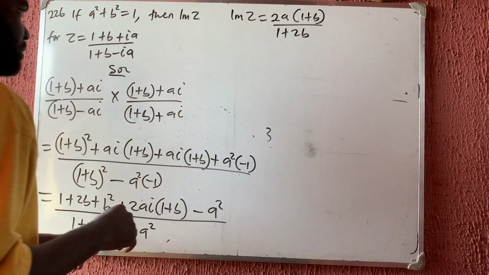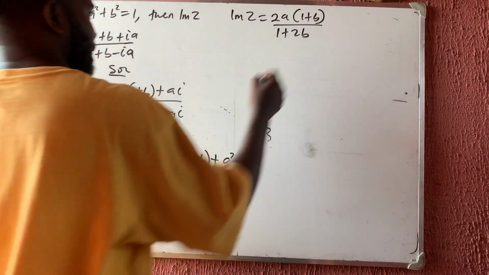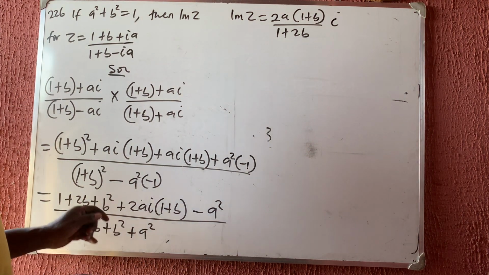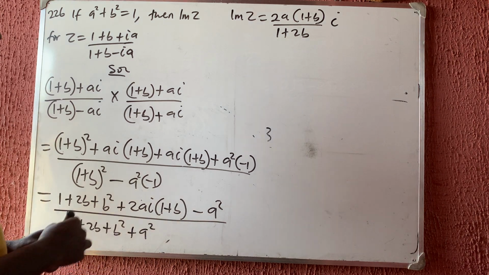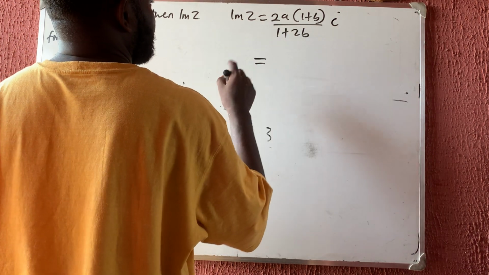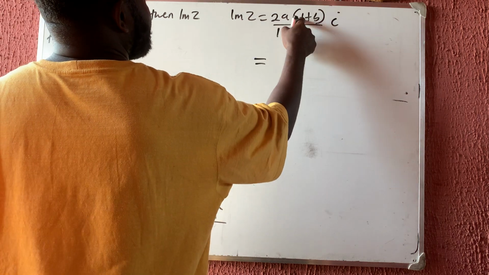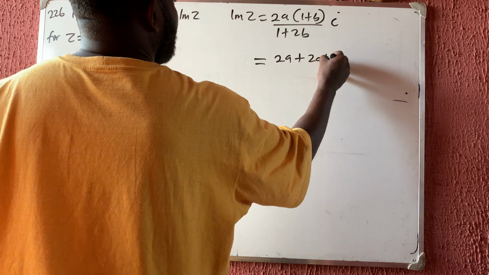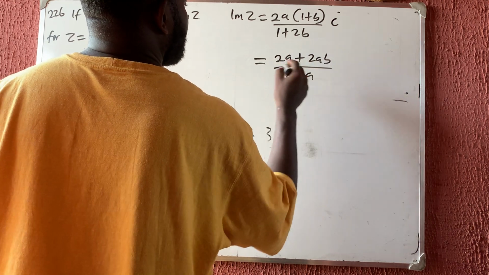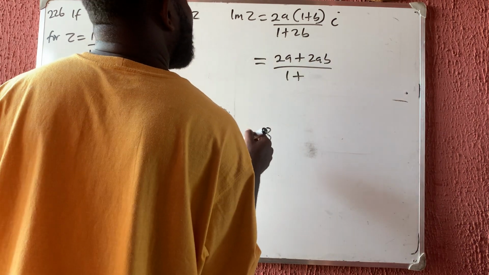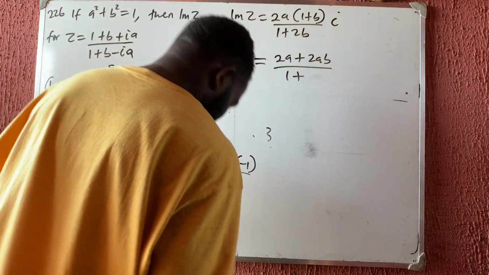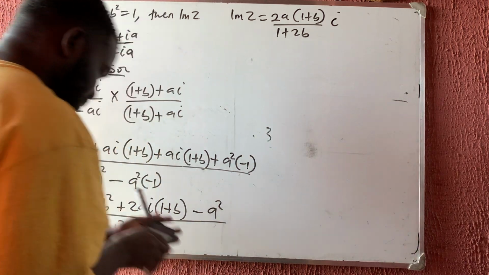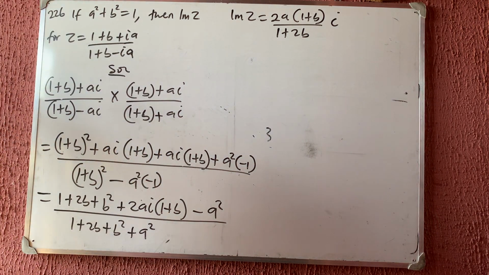If you clear the bracket, you're going to have 2a plus 2ab all over 2 plus 2b. Yes, that is the answer. So this is the imaginary part. No need to do any other thing. So that is 226.